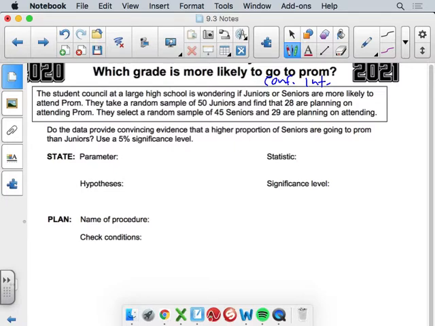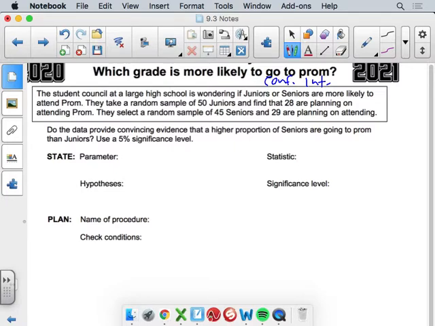A confidence interval gives you a range of values that you think it is. A hypothesis test tells you whether this value was plausible or not, whether the alternative is likely to happen or not. But you can do the same problem with confidence intervals and hypothesis tests. So today we're going to do the hypothesis test. And it does have a little wrinkle that we've got to pay attention to.